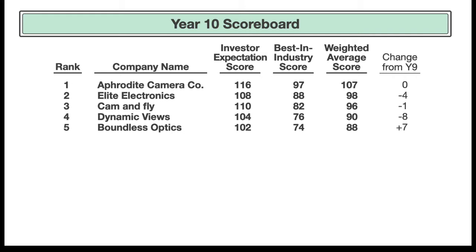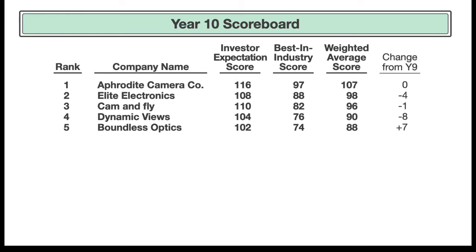Because as you can see, Team E lost 4, Team C lost 1, Team D lost 8, and Team B, who I was very discouraged with last week, they actually gained 7. So great job, Team B. Way to bounce back. You're at 88 for the Year 10 scoreboard. Team D is only at 90, so you're only 2 points away. So thank you for getting back into the simulation. I was really worried about you there for a moment.